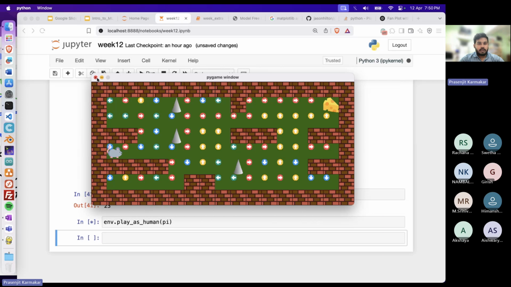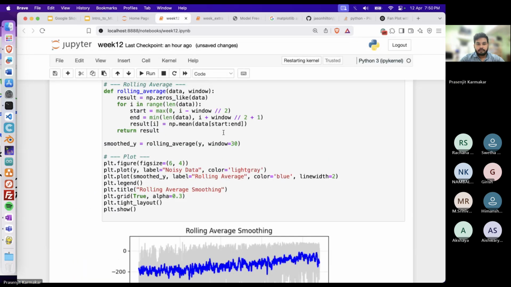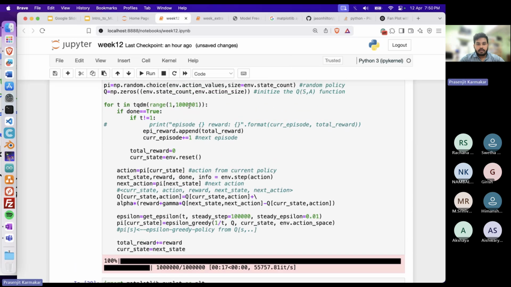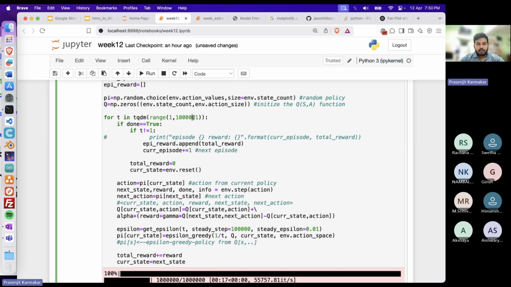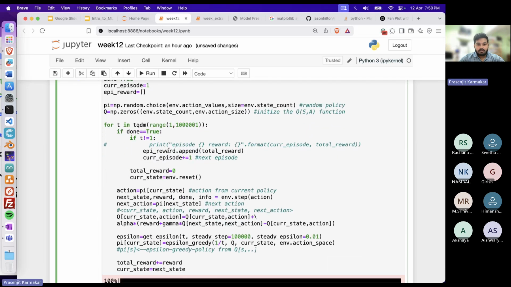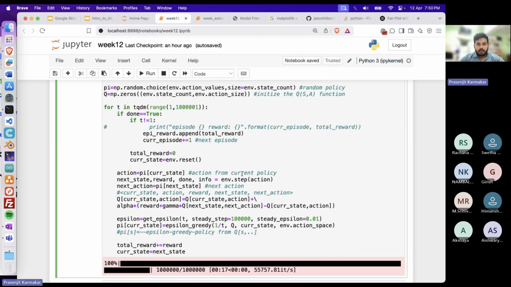No, still I have to go and explore more. So this is 1 lakh and it's 10 lakh. What can we improve? Instead of going 10 lakh, let's explore for 2 lakh.